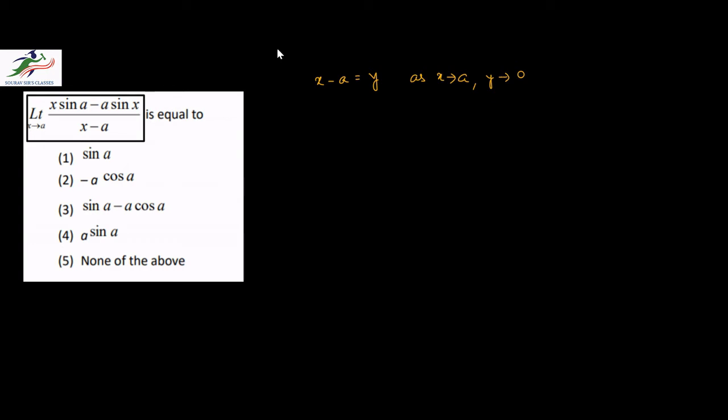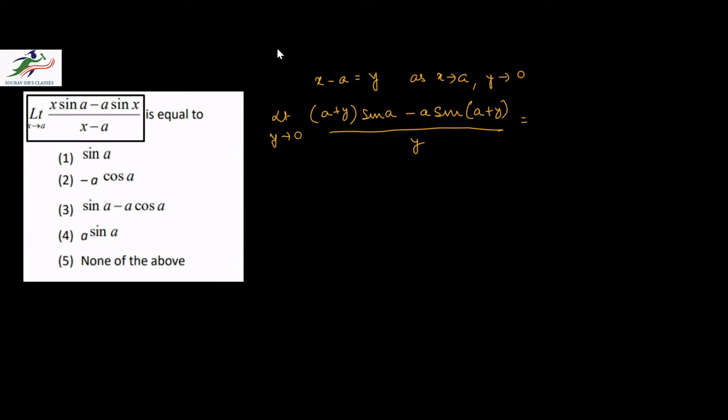So this becomes the limit as y tends to 0. We replace x by a plus y. So a plus y into sin a minus a into sine of a plus y, over x minus a, which means y.